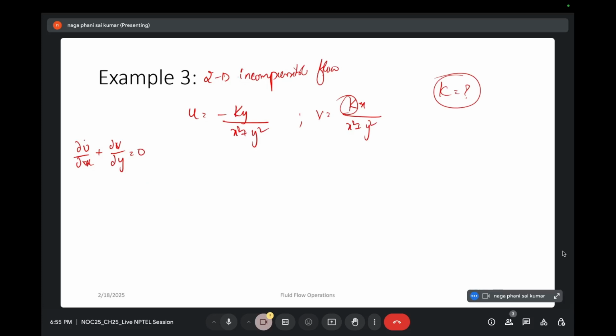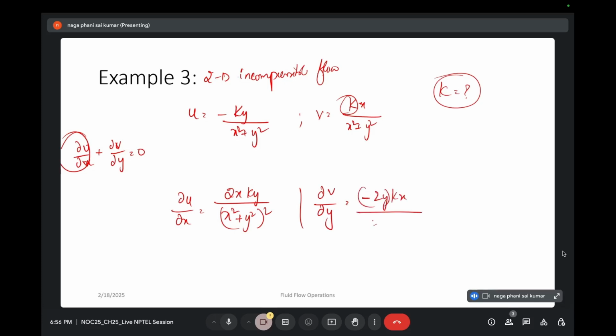If you calculate ∂u/∂x, it will be 2xky by (x² plus y²) whole squared. And if you calculate ∂v/∂y, it will be minus 2y into kx by (x² plus y²) whole squared.